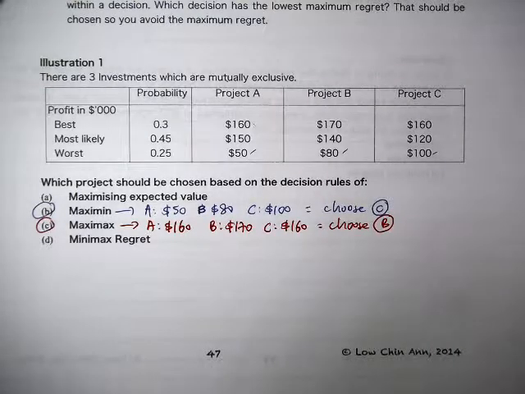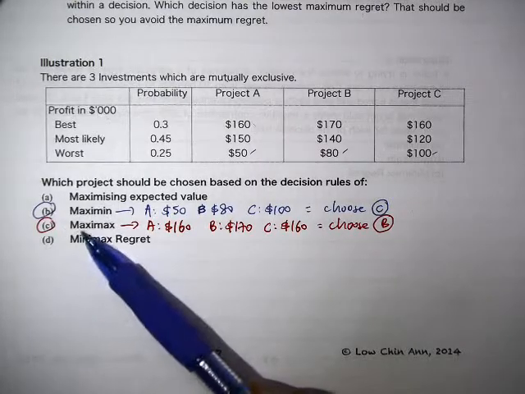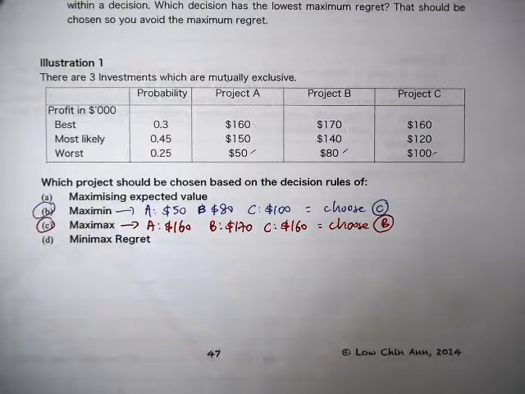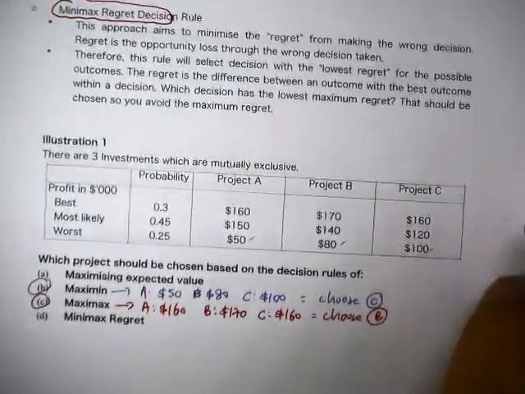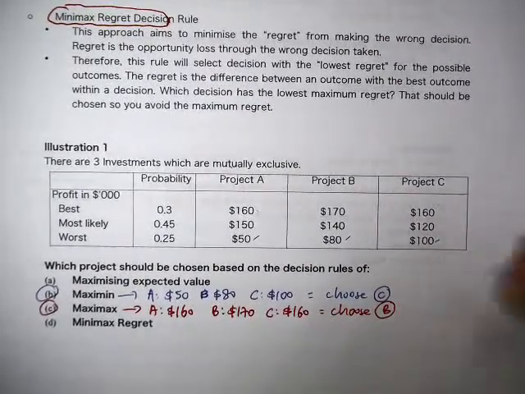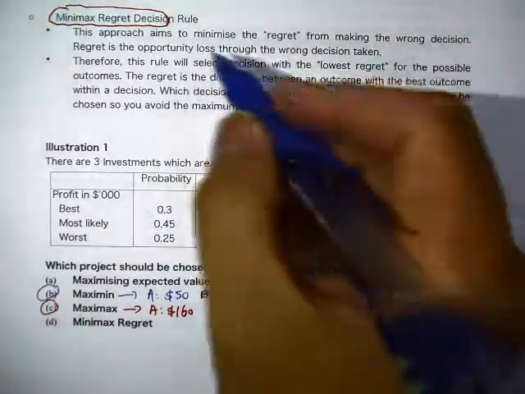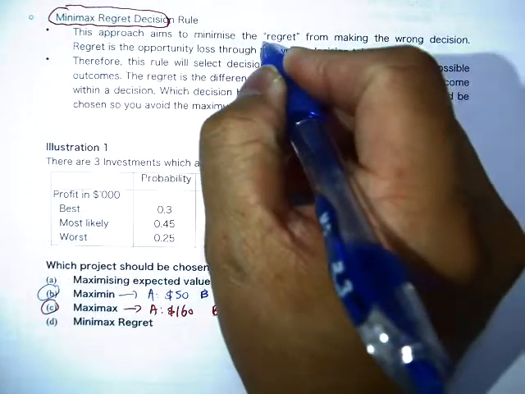Now that's how your decision is derived using maximax and maximin. Okay. Now what is minimax regret? Now this one you have to do 2 steps to get the answer. Now first, what is regret?